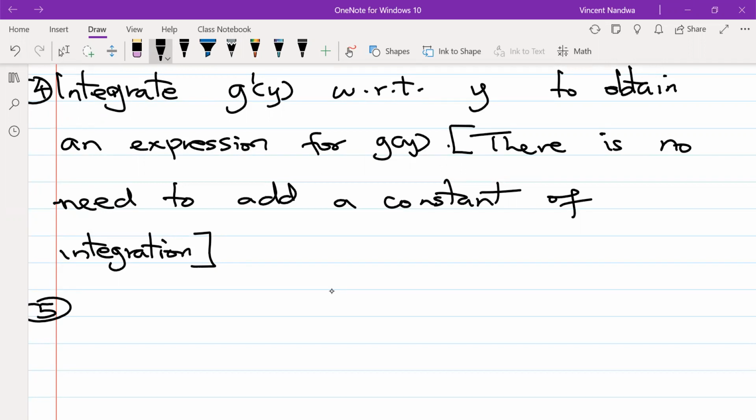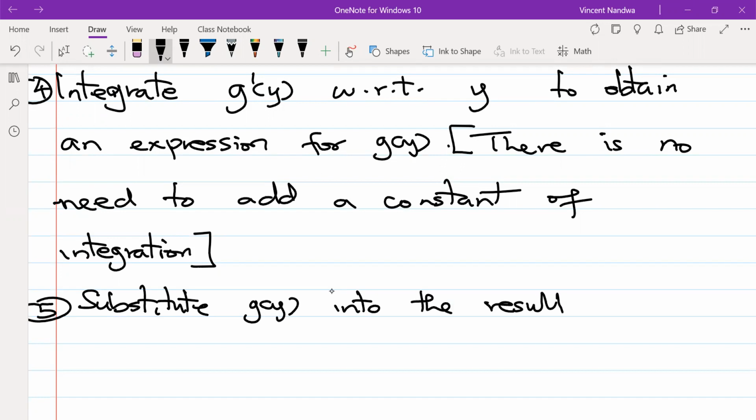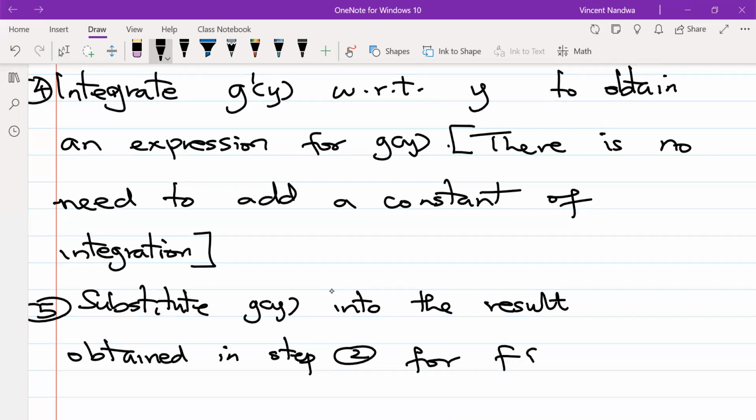So substitute g of y into the result obtained in step 2 for the function f of x, y.